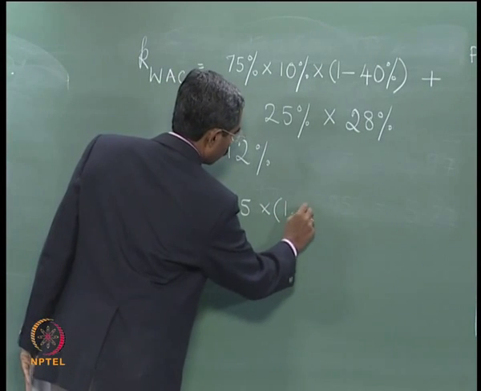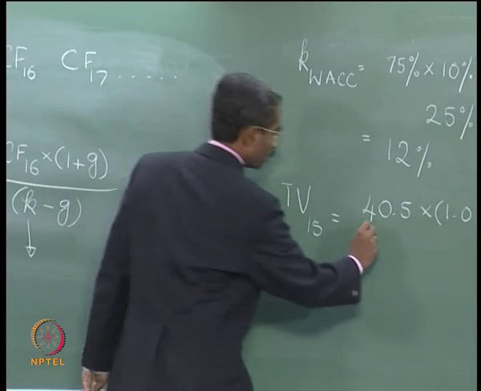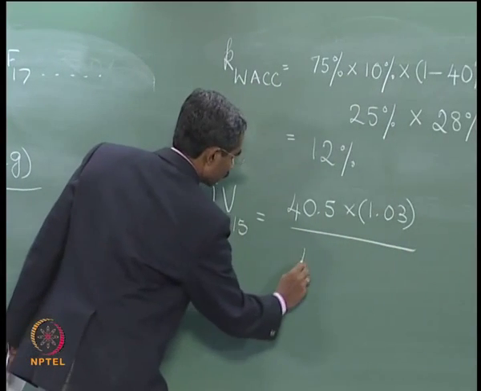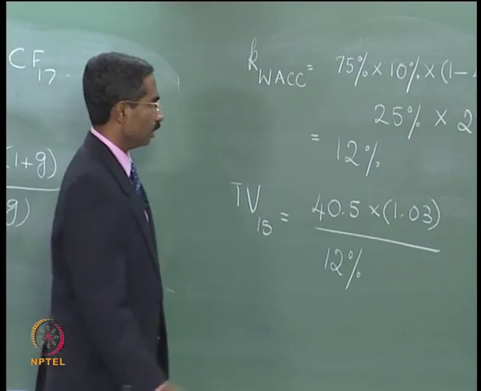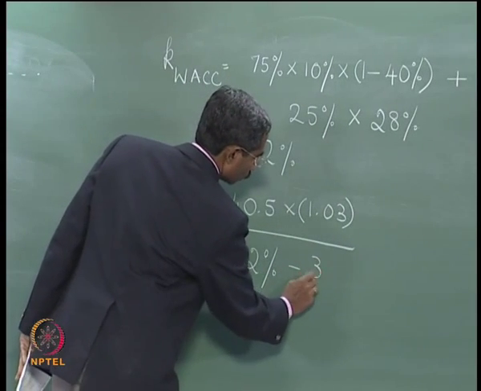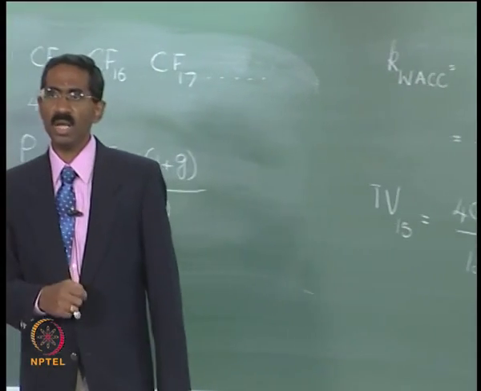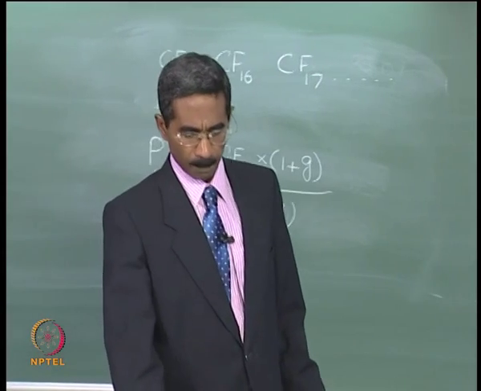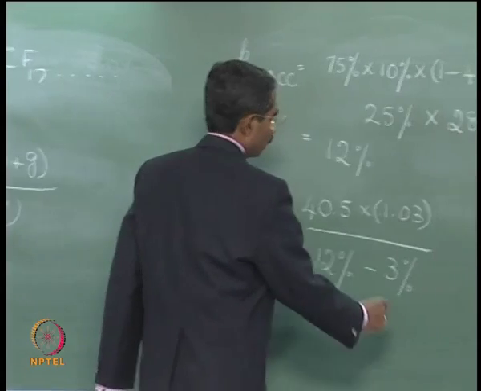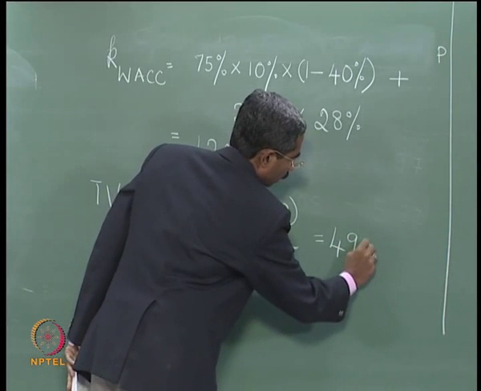Therefore 1 plus g is 1.03, divided by 12%, which is your cost of capital, minus your growth rate of 3%. So this will give you the terminal value. The terminal value thus calculated works out to 490.76.